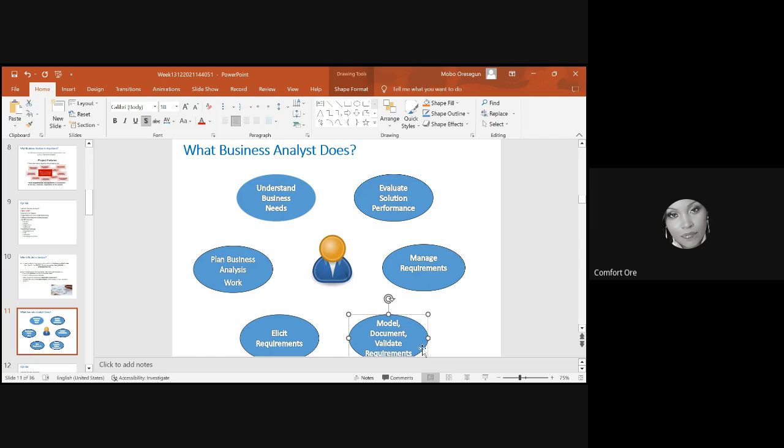So all of these will be what you're going to be modeling in your solution, and you're also going to be documenting. Again, as a business analyst, we write down everything. We document everything, every important information. Some people document everything, whether it's important or not, so that they can refer to it in future, and then hopefully be able to gain one or two things maybe that was missed.